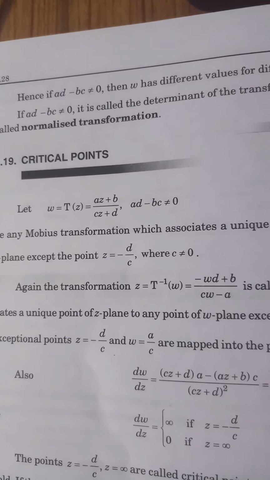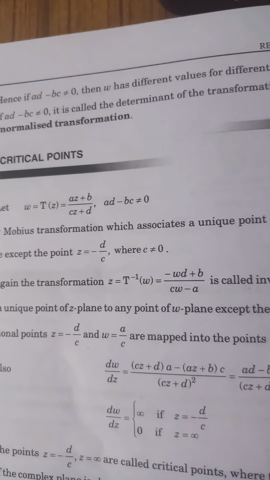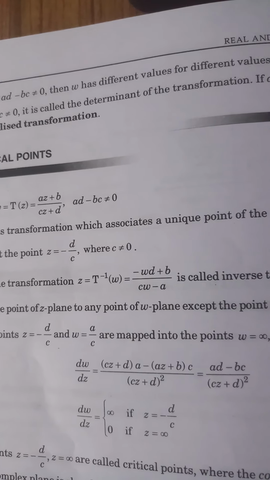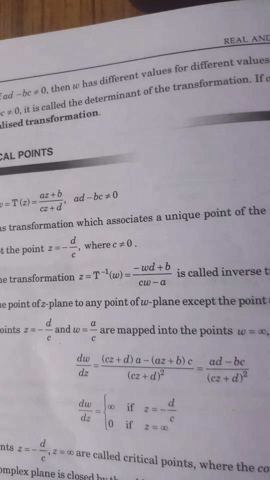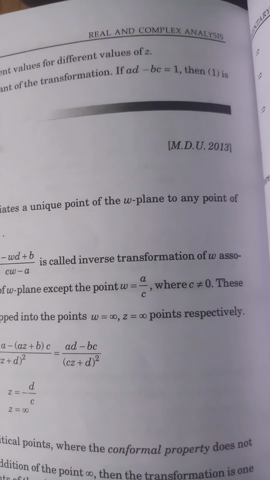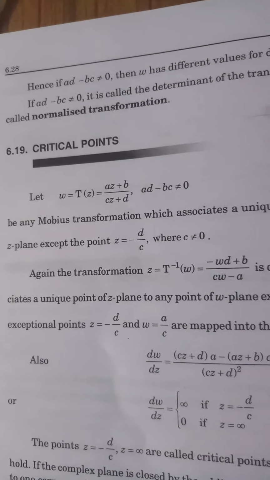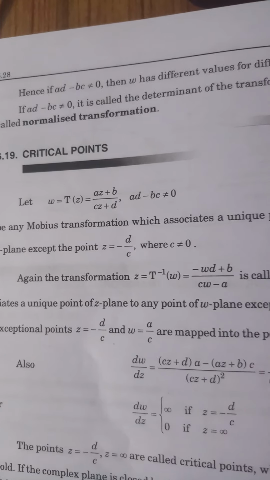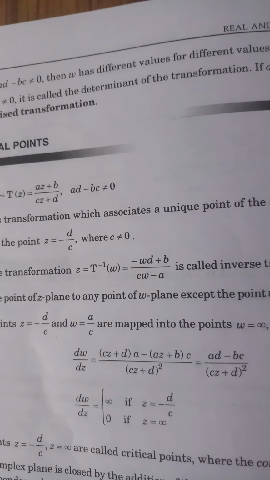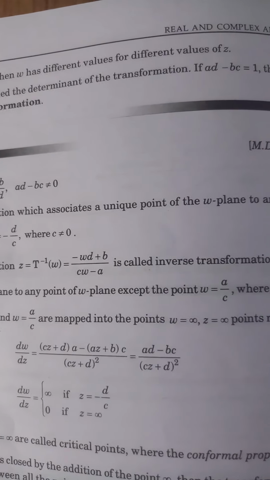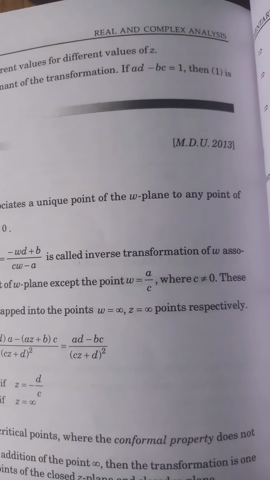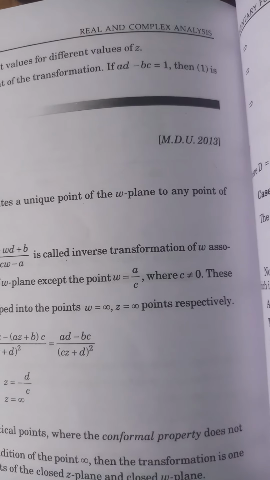Again, the transformation Z equal to T inverse W, equal to minus WD plus B divided by CW minus A, is called the inverse transformation of W. It associates a unique point of the Z plane to any point of the W plane except the point W equal to A by C, where C is not equal to 0.